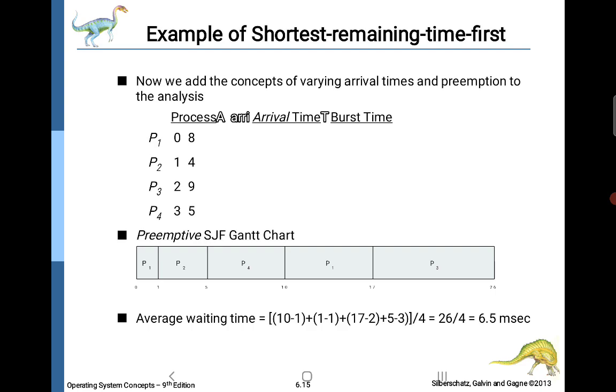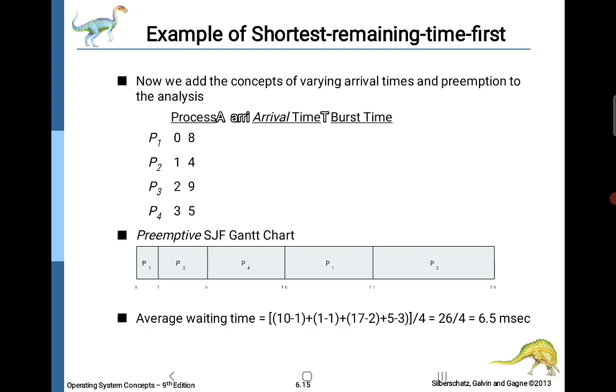Average waiting time: for P1, we have to calculate 2 waiting times. For its first time running in the CPU, it waited for 0 time. But it was forced out of the CPU and allowed again after how long?